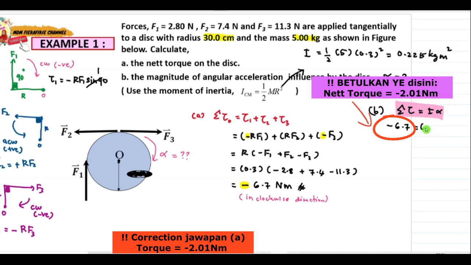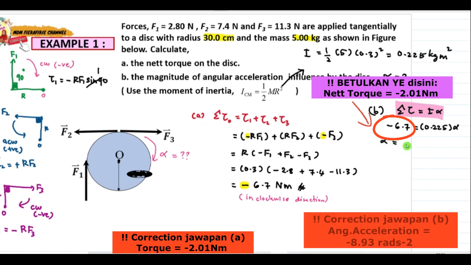So if we put in 0.225 alpha, you will get alpha equal to negative 29.8 radian per second squared. So the magnitude of alpha is 29.8 radian per second squared, but the direction of the rotation is in clockwise direction.